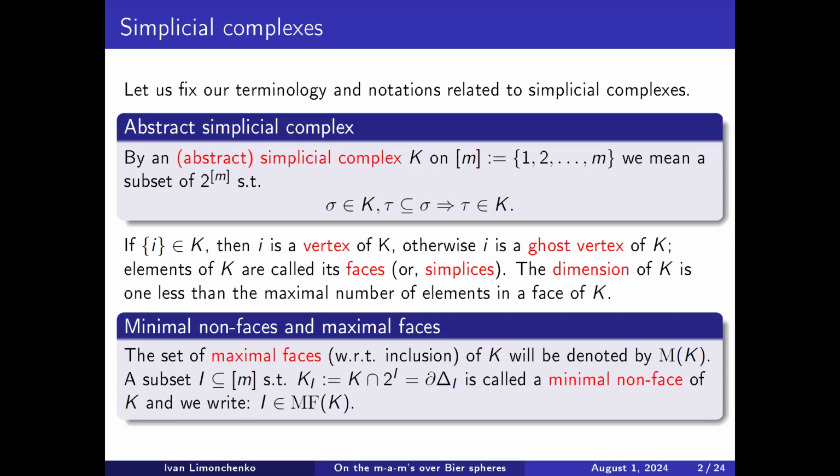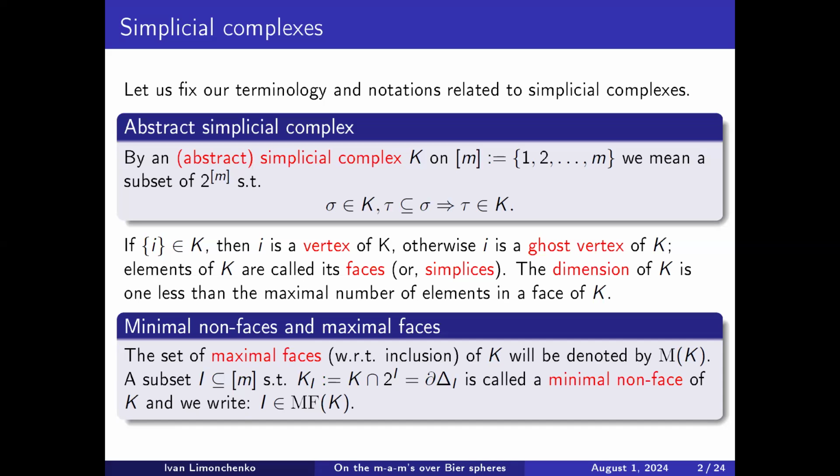Geometrically, it's the boundary of a simplex spanned on the vertex set I. This is a minimal non-face of K, and a maximal face of K is, as usual, a maximal element with respect to inclusion.